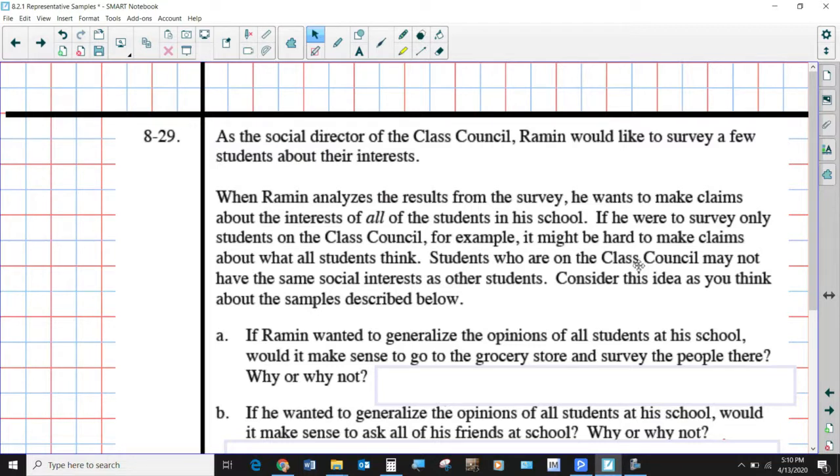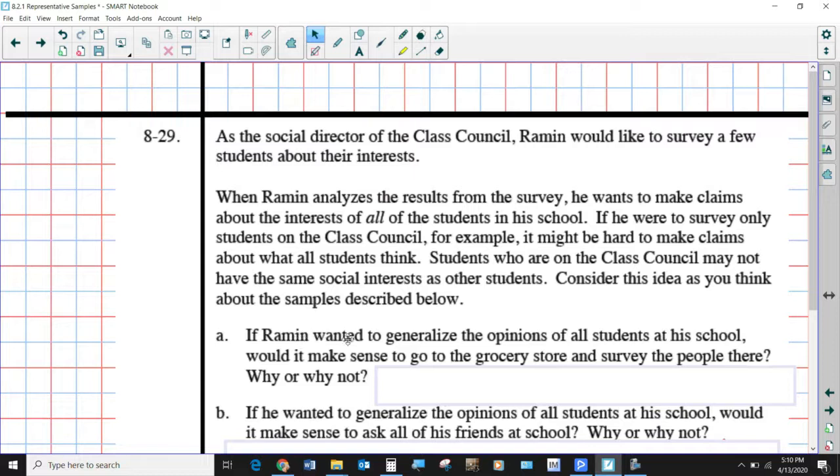Whereas you have some students who are not as interested in that and just want to play sports after school for the sports team. Or some students that aren't really interested in getting involved, and they just like to do their own thing, go home, do their homework, and then play at home. So, just because you're in the class council, you might have different interests than other people. So you need to broaden the sample size.